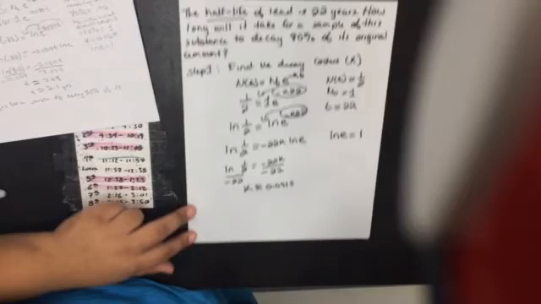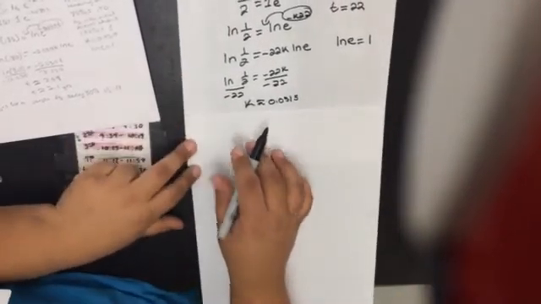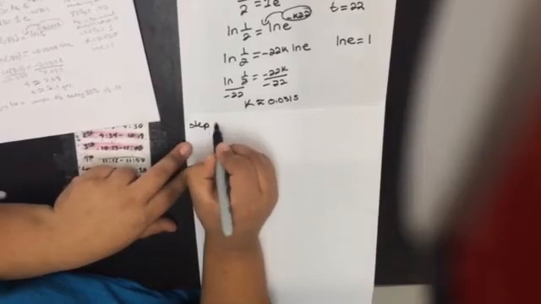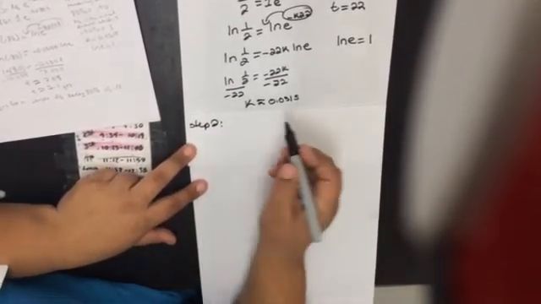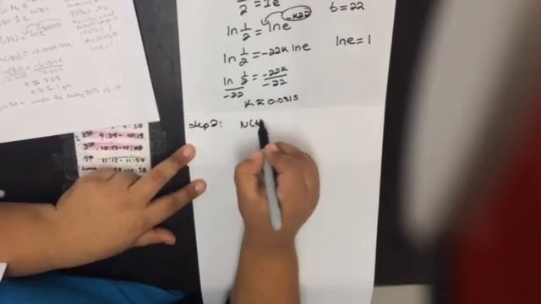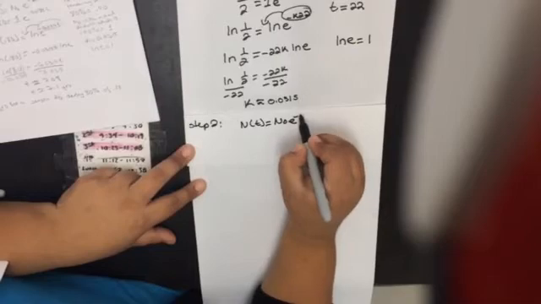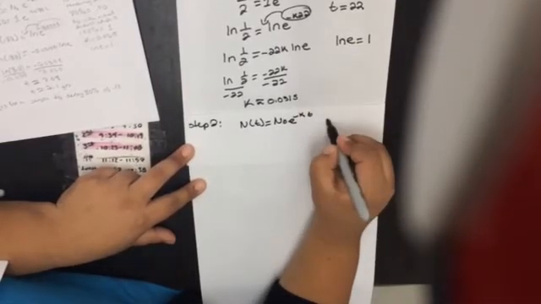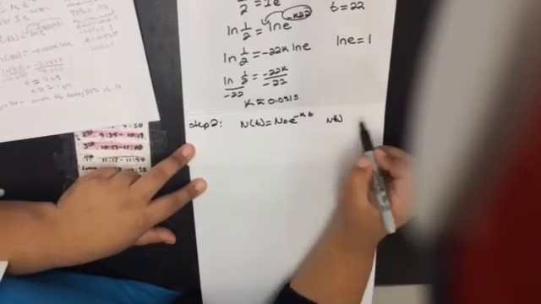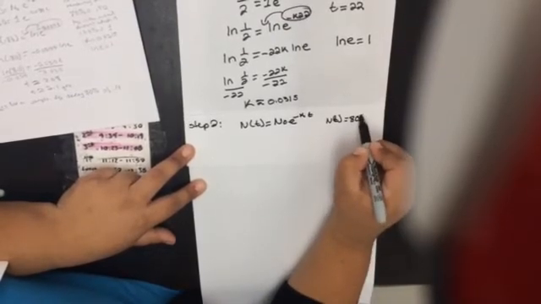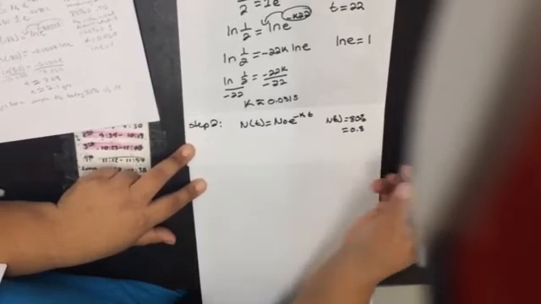Now that we have our k, we can move on to step 2. And now we want to write the decay function and solve for t. So n of t equals n naught times e to the negative k times t. Your n of t is the amount remaining, which would be 80%. If we write it as a decimal, we can write it as 0.8.